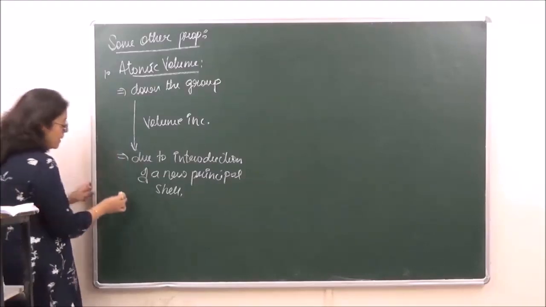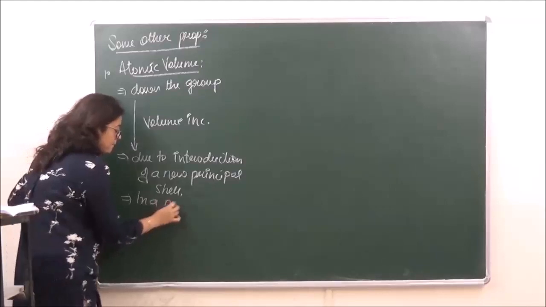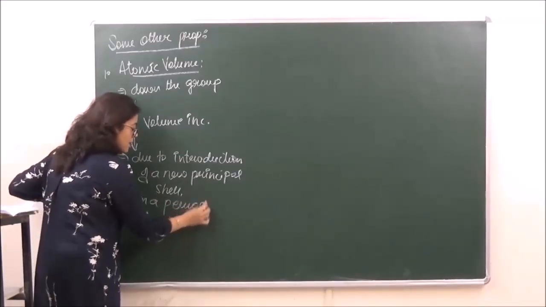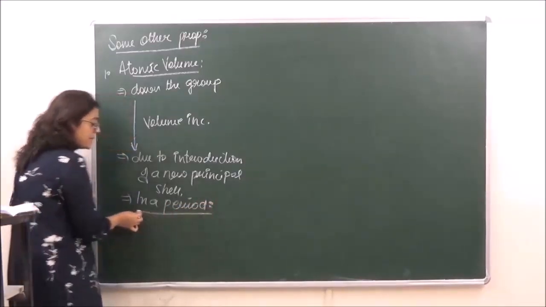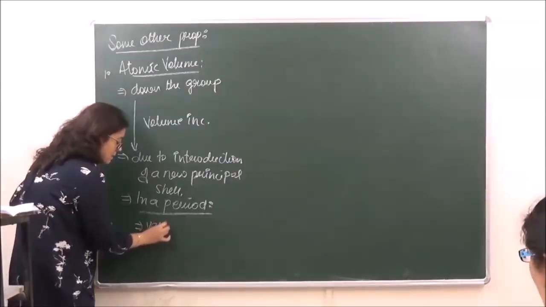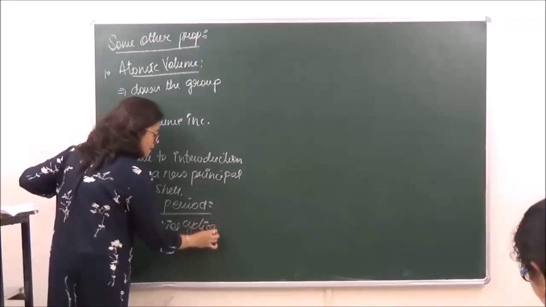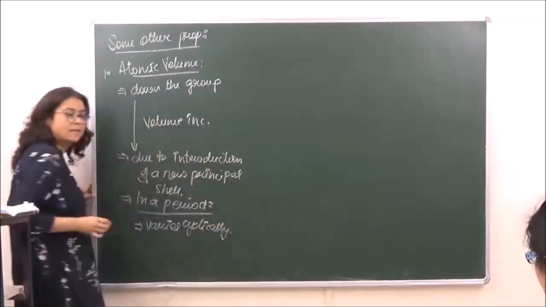When we are going from left to right in a period, the atomic volume varies cyclically. ठीक है?